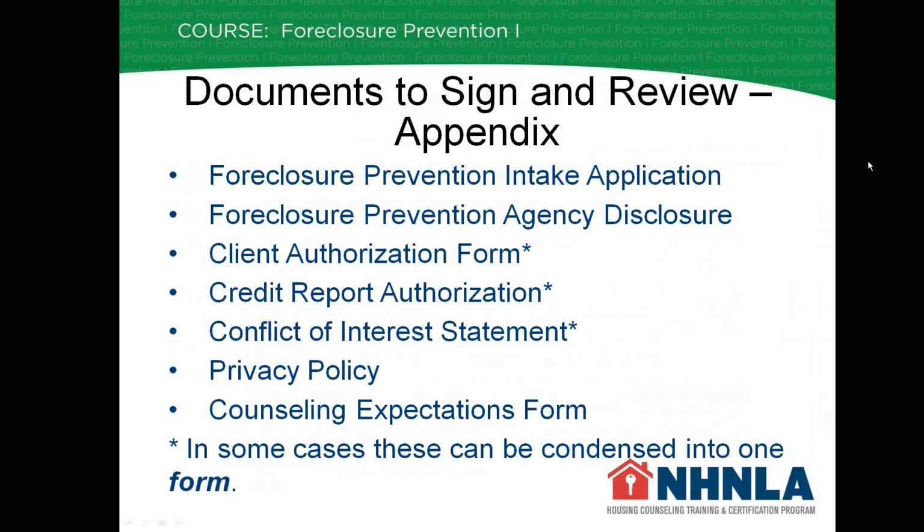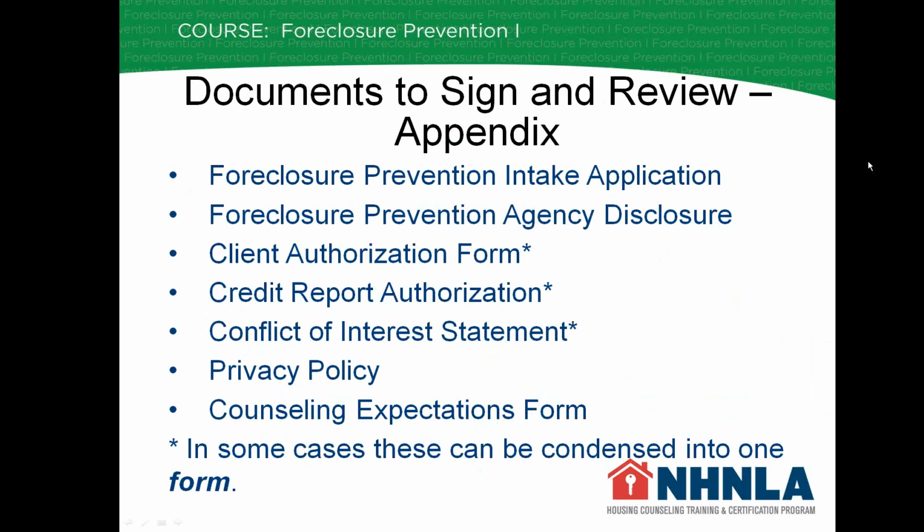For the documents for them to sign and review, there are samples of these in the appendix in the reading section, and I'm just going to go over them briefly now. The Foreclosure Prevention Intake Application is what your triage or intake person will complete with them, or, like I said in that class, you may have it on your website or mail it out to them. That's one of the documents.